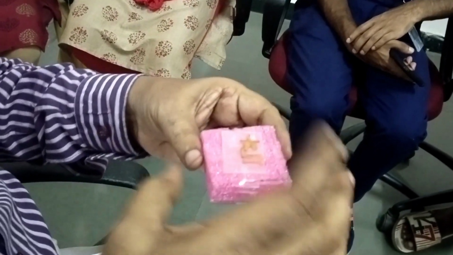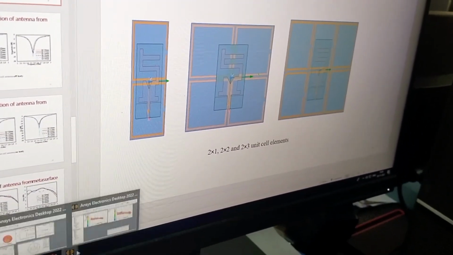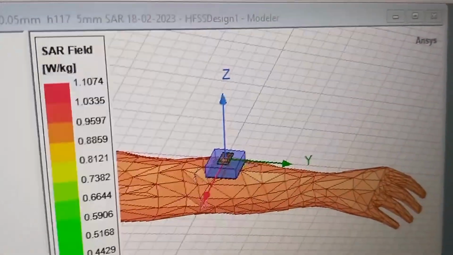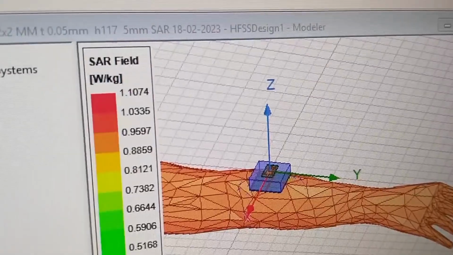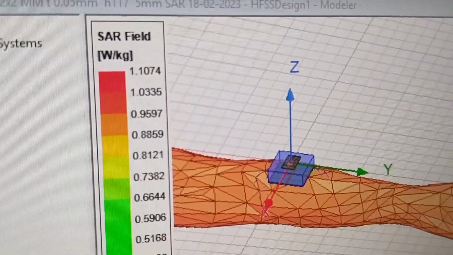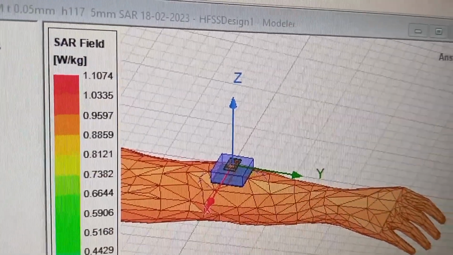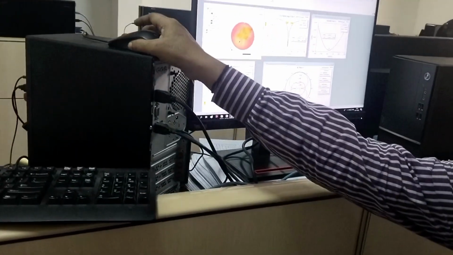Now with this metamaterial we simulated the performance of the antenna system. We obtained the SAR. Earlier it was 9.3, now it has been dramatically reduced to 1.1074 watts per kg per 1 gram of tissue, and the gain has also been improved.